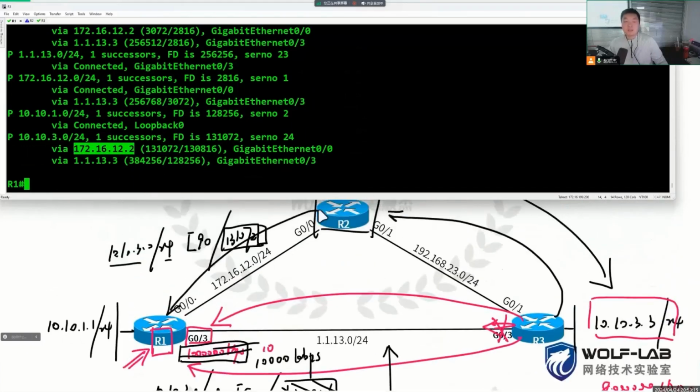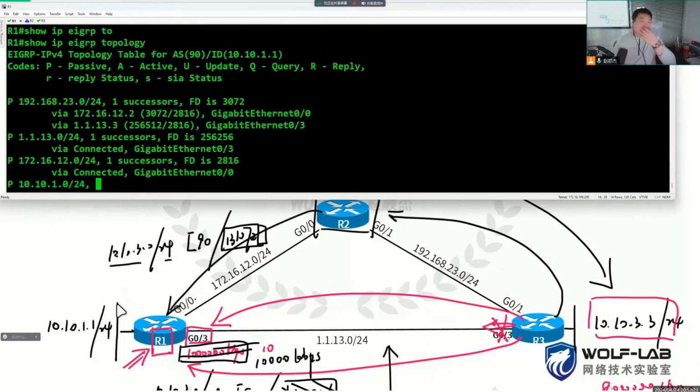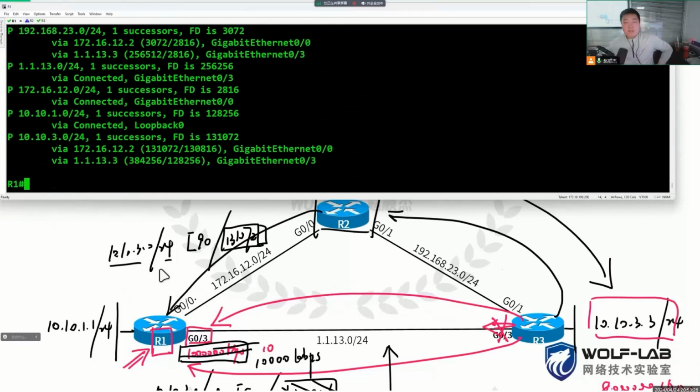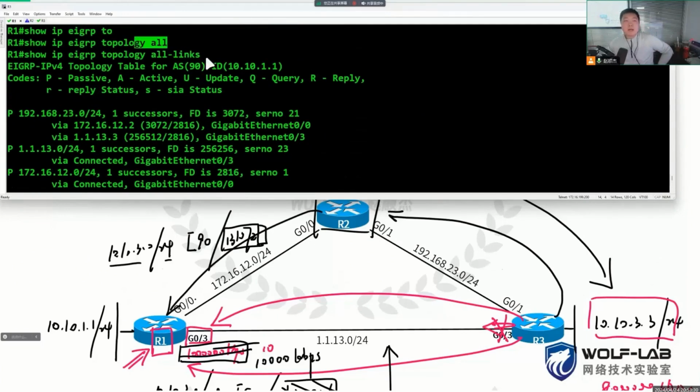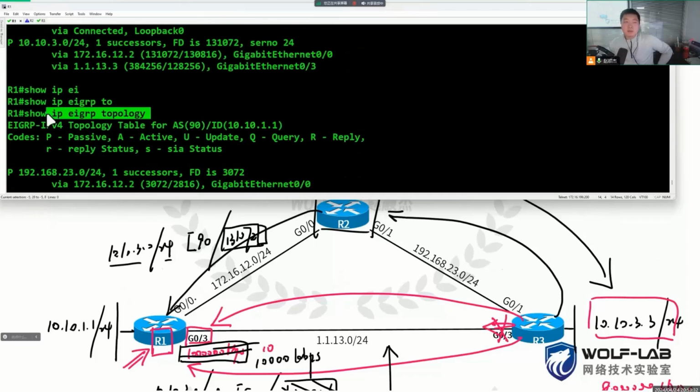And on the other side, students, go show ip eigrp topology. We directly look at this table. Discover what has appeared at this moment. We directly go show without adding all links. That is to say, in this database table, you can only see our successor routes and feasible successor routes.